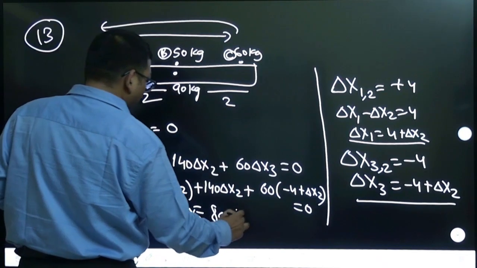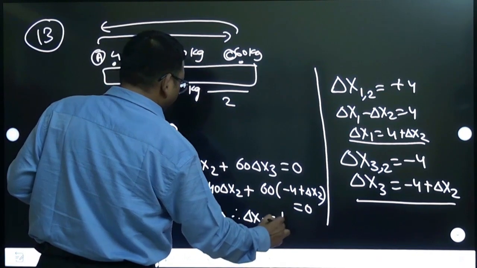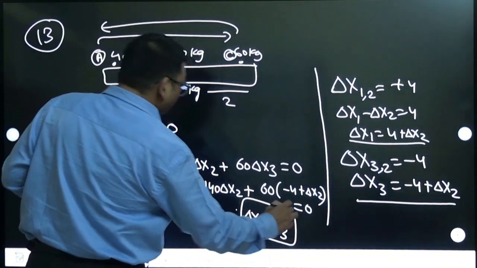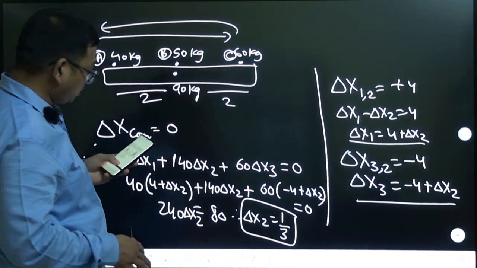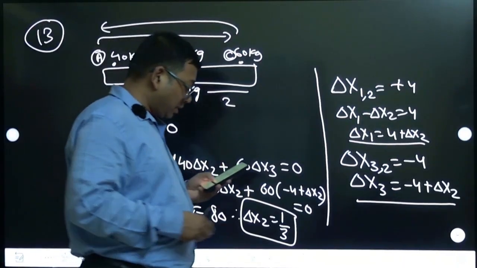So delta x2 will give as 1 by 3. It is coming as positive, meaning towards the right side. Towards the right side it will move. So the second option is correct, right? Let us move to the next question, number 14.